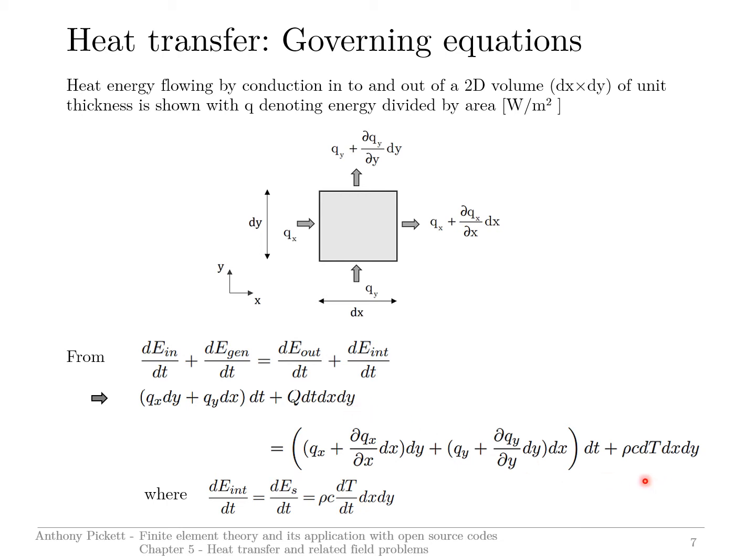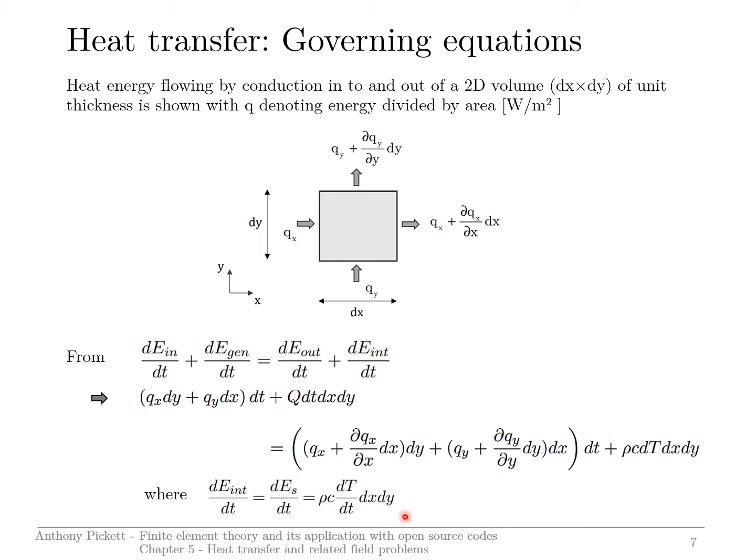The internal energy that may take place or may be created during this process is given here. It's modified actually from this expression here that we had on the previous slide.